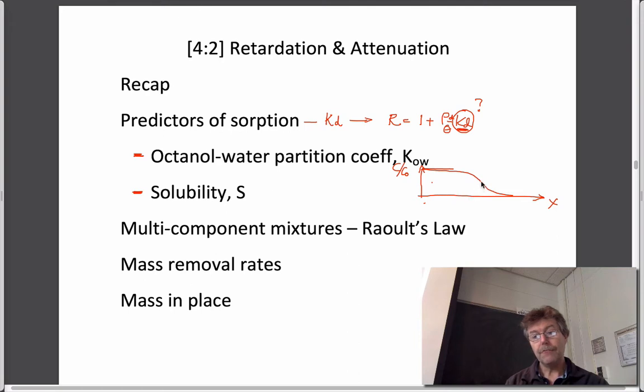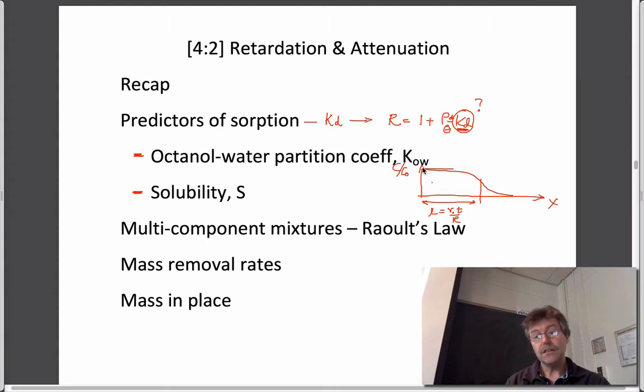But if you have one where this length is equal to, in an approximate way, right, we said this length is equal to velocity times time divided by retardation coefficient. If R is equal to 1, then it's just whatever it is.